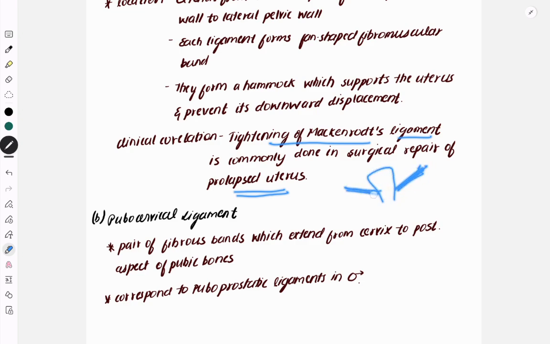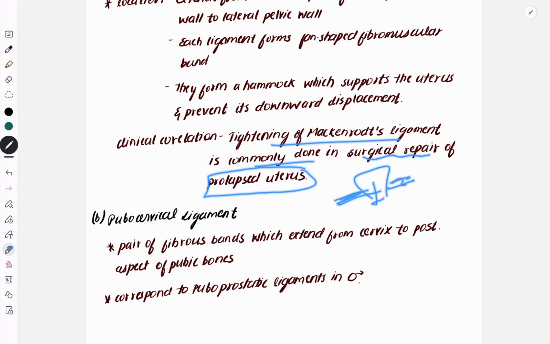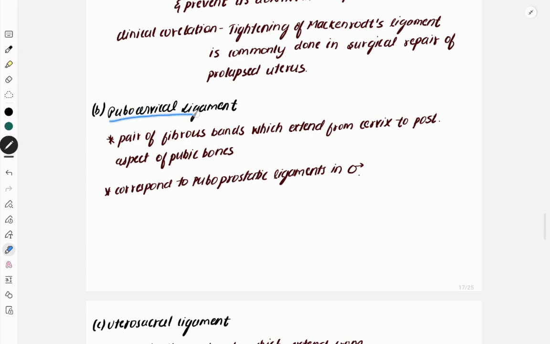The surgical repair of the prolapsed uterus is done mainly by tightening this ligament, and by tightening it we make sure that the uterus stays in its normal position and does not displace downward. Therefore tightening of the McEnroe's ligament is commonly done in surgical repair of prolapsed uterus.